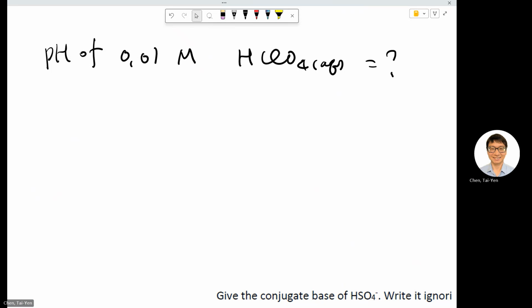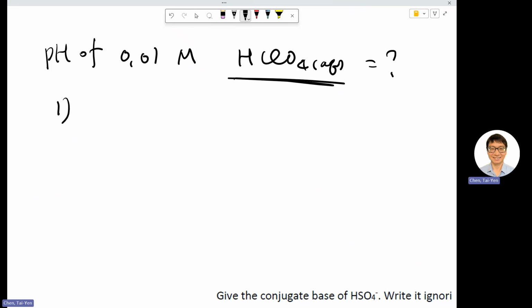Just think about it. Okay, let's do it slowly, just in case. First, you need to know what the HClO4 aqueous solution is, right?